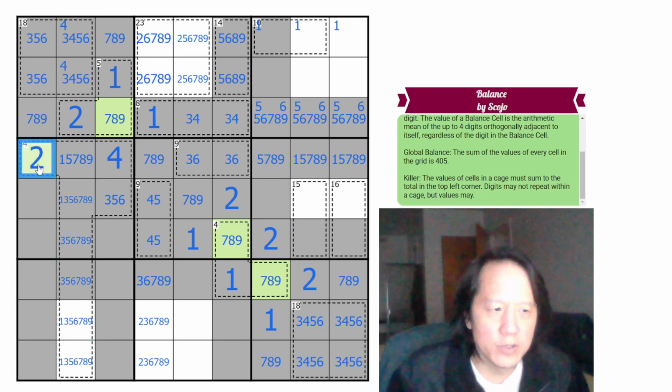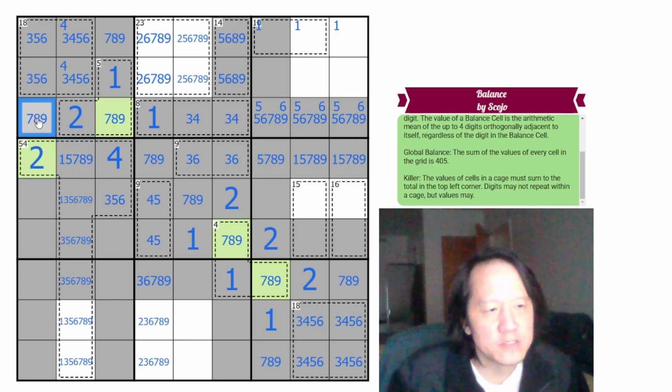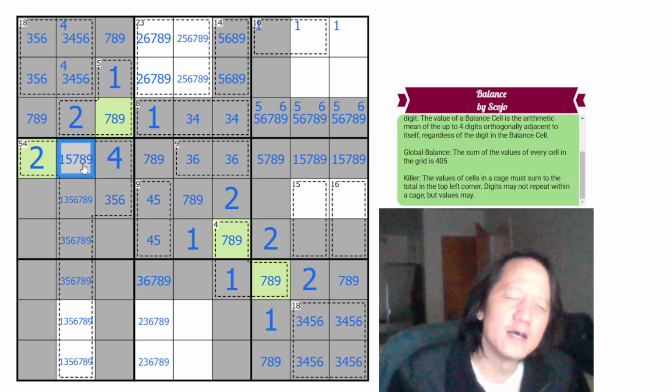Two can only go up how much? The max here would be 8 and 9, which is 17, plus 9, divided by 3. 17 plus 9 is 26, divided by 3 is 8 and 2/3.